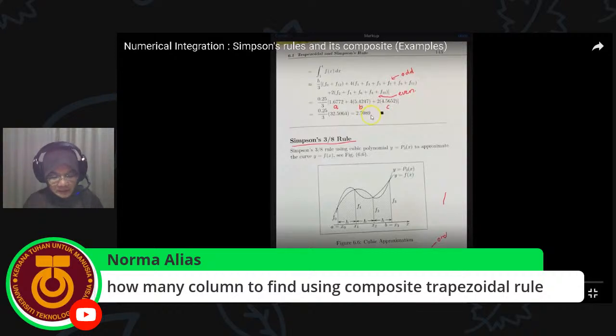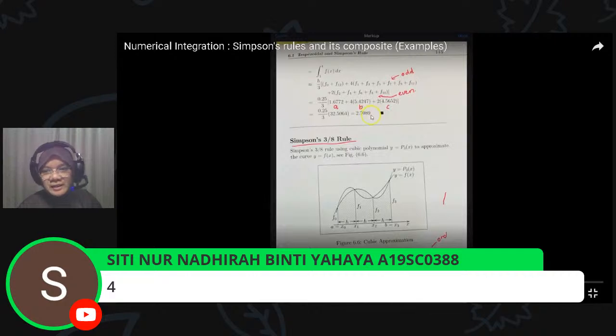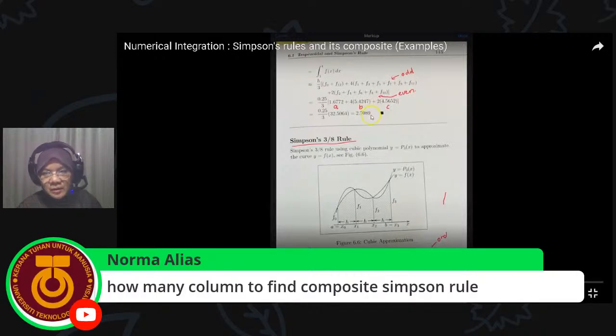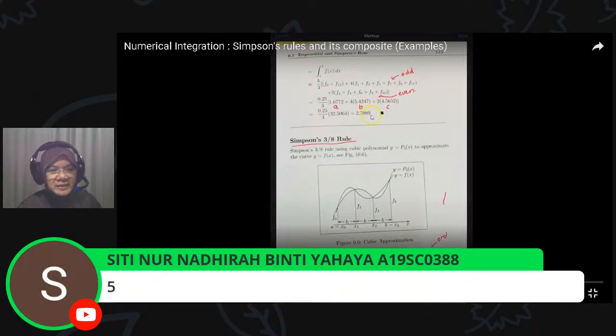You can go to the page for the trapezoidal rule in Chapter 6. Go to page 137. There are only 1, 2, 3, yes, 4 columns. The answer is 4 columns for the composite trapezoidal rule, and 5 columns for Simpson's rule.